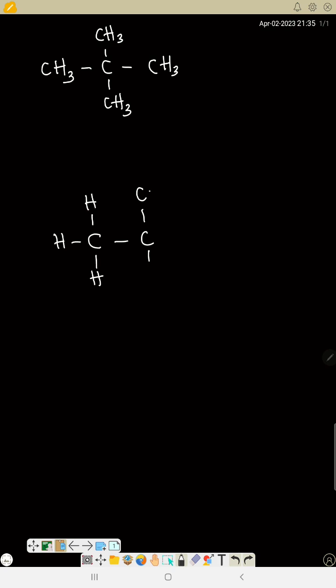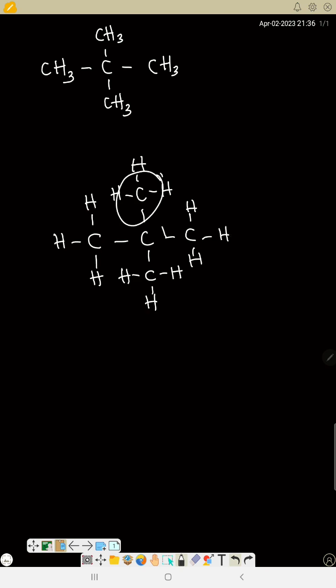So it should be like this. If you see this now, all the carbons have 4 bonds. So it's correct.